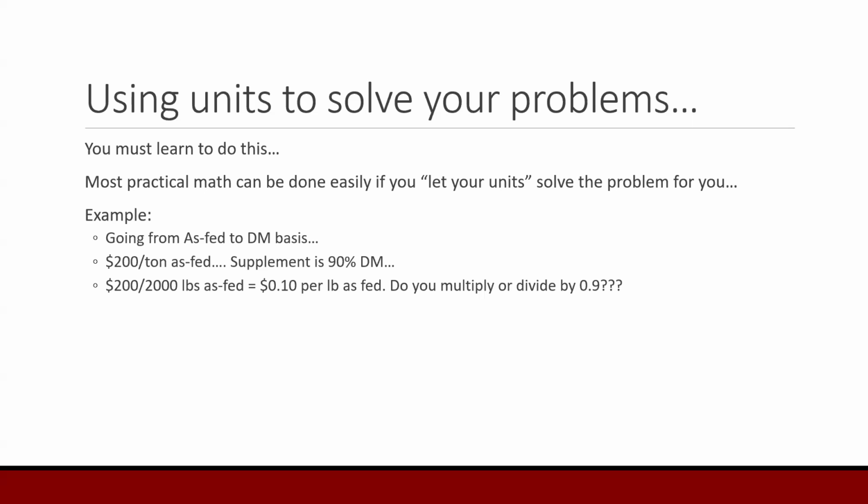Okay, so for example, like you would have had in the math part of your exam, we can use this to do something as simple as going from as-fed to dry matter.